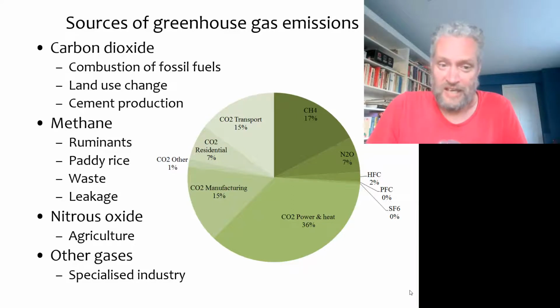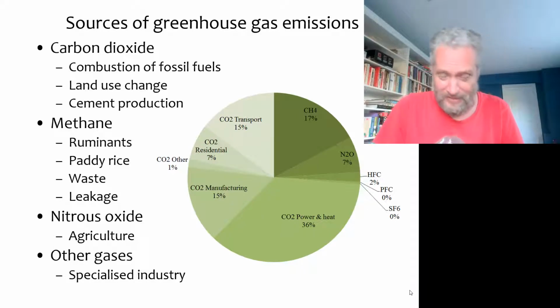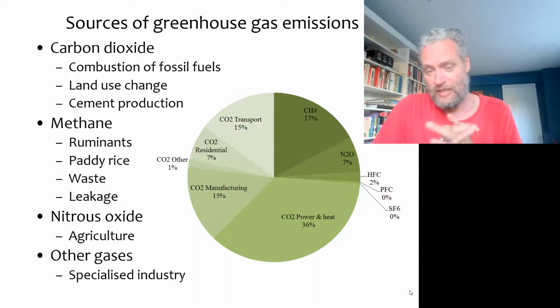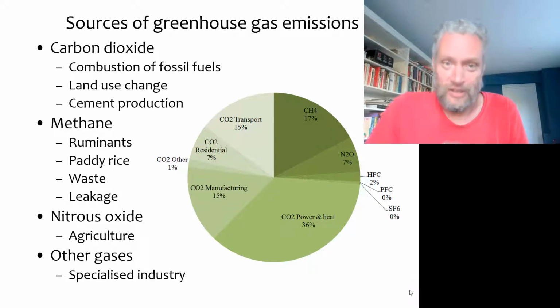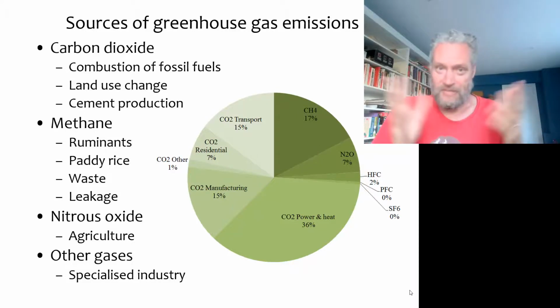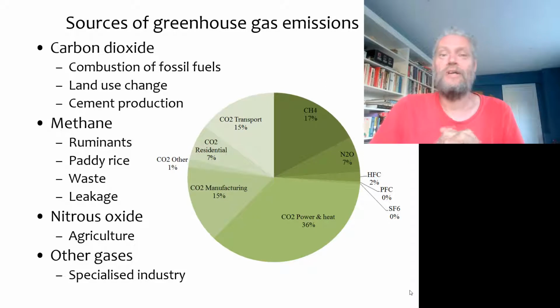Methane is the second most important greenhouse gas, roughly 17–20% of the total of greenhouse gases. Where does methane come from? It comes from various sources. One important source are ruminants, that's cows essentially, and similar animals.